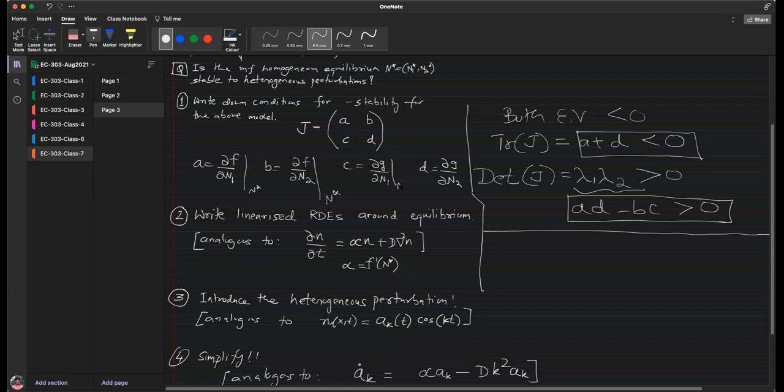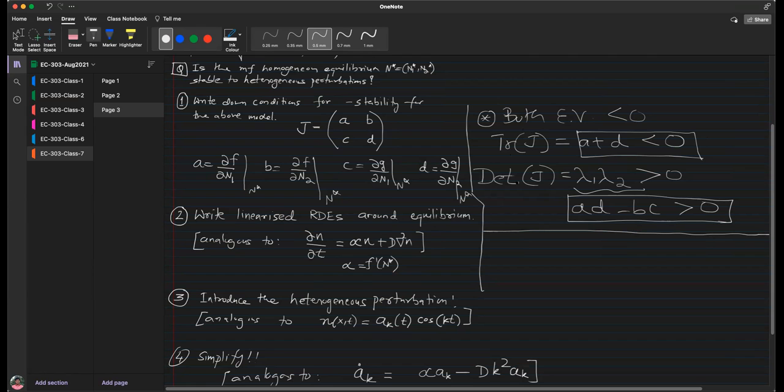Sir, can you go over the part where you said the eigenvalue is less than 0? This is something we covered in EC 201 for a 2 coupled population system. Any stable equilibrium must satisfy this condition: the eigenvalues of the Jacobian matrix must be negative.